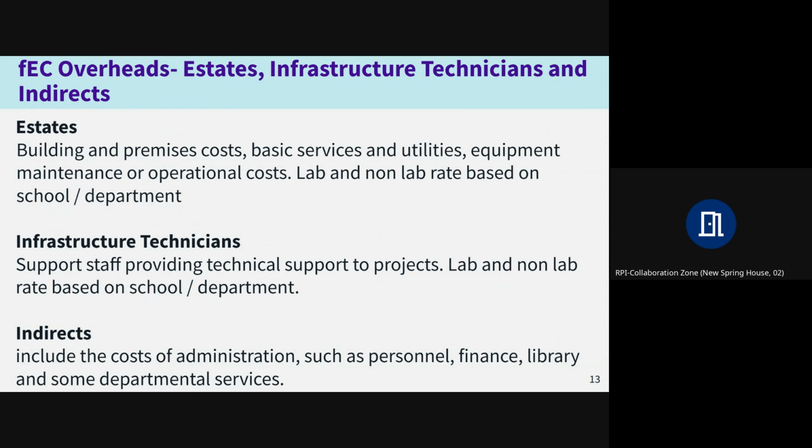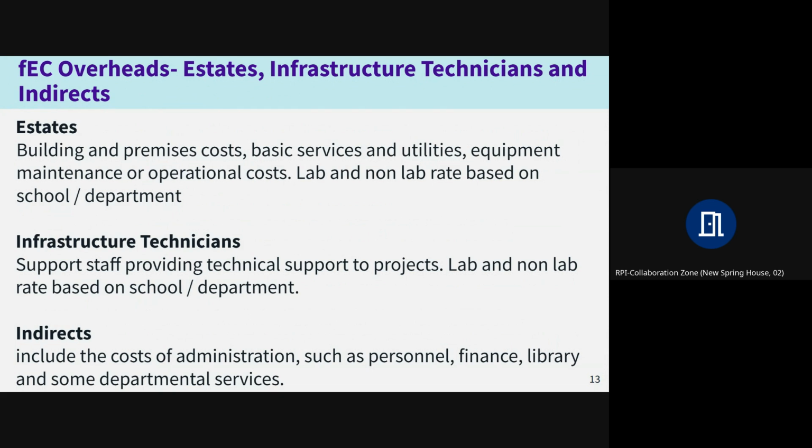So the estates costs, which again, it's relatively obvious, the building and premises costs. So keeping the building going, equipment maintenance, things like that. We have two types of costs within that, which is lab and non-lab. The lab is more expensive because it takes more running. And the same for infrastructure technicians.